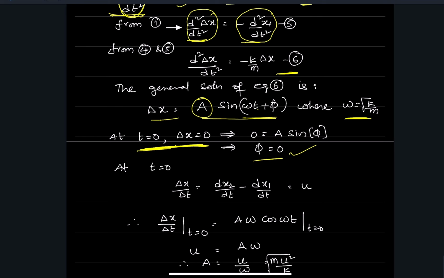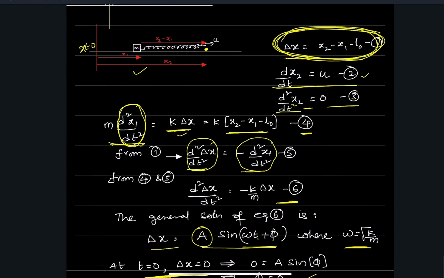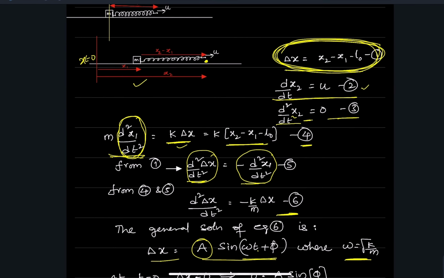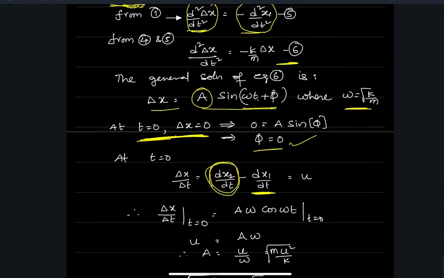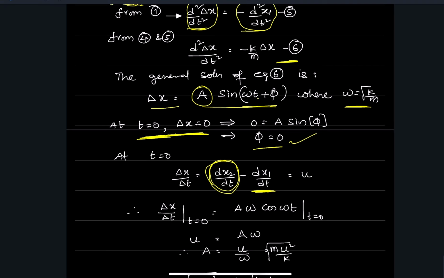And then at time t equals 0, dx1 by dt is 0, because the mass m is having 0 velocity at time t equals 0. And this is the velocity of the free end, always equal to u.